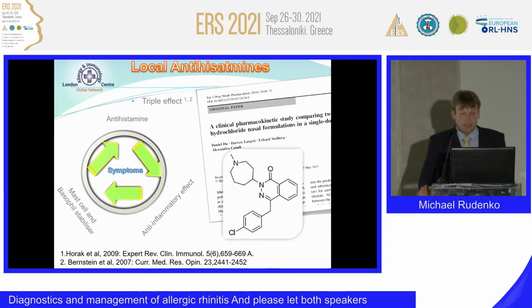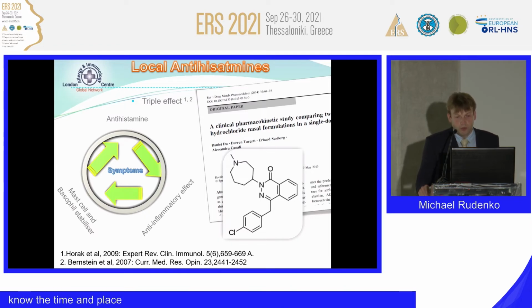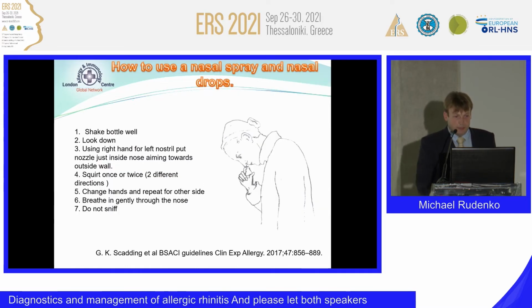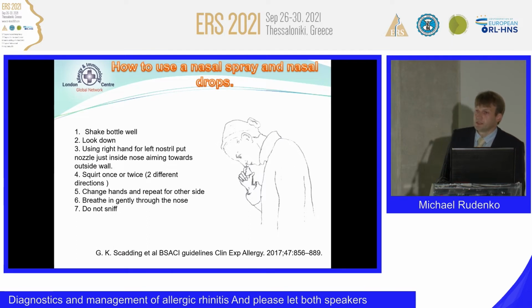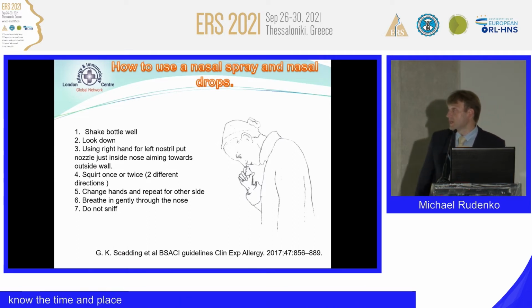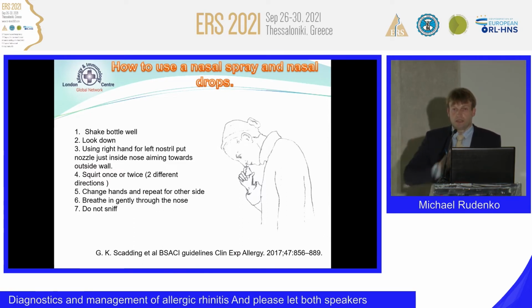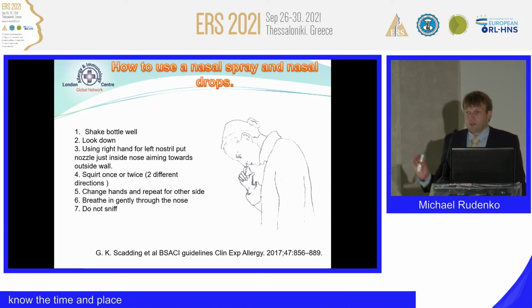So I'll show you how to use the nasal spray and the eye drops on one of our slides. Firstly, it's pretty much the same for intranasal corticosteroids and for antihistamine. The position is chin to the chest, with alternated hands, so right hand to left nostril, left hand to right nostril, and nose sniffing in.